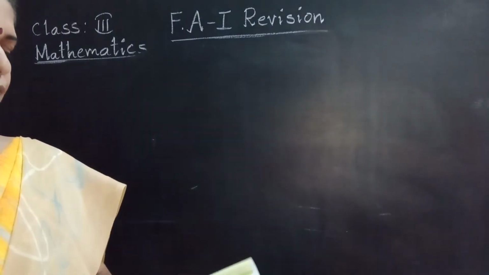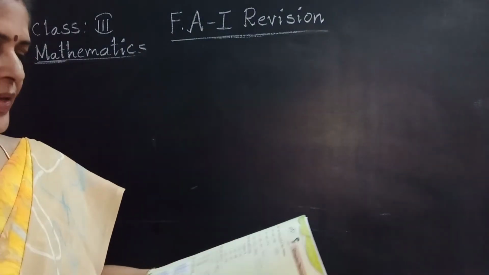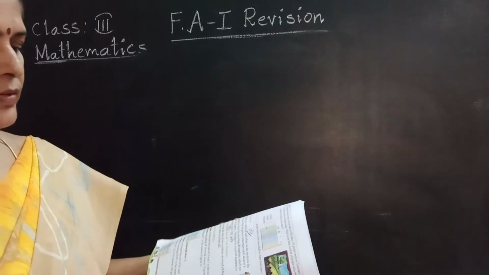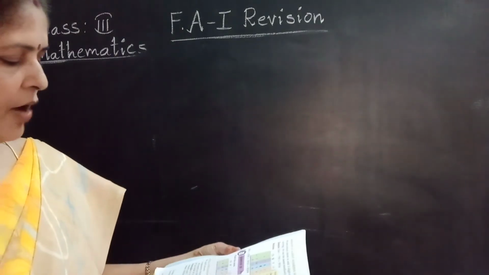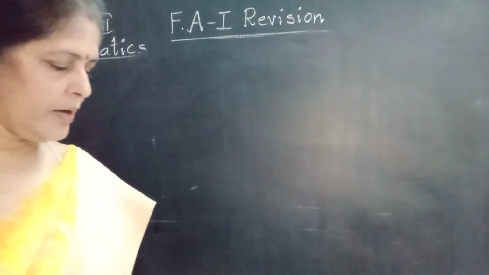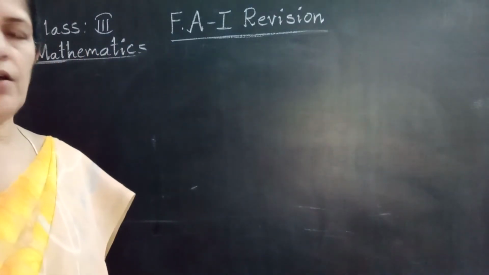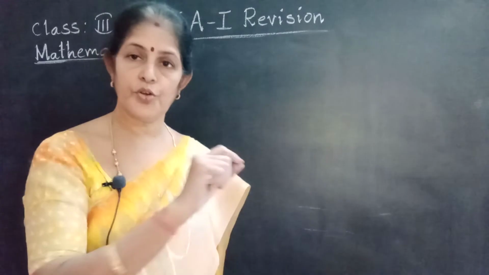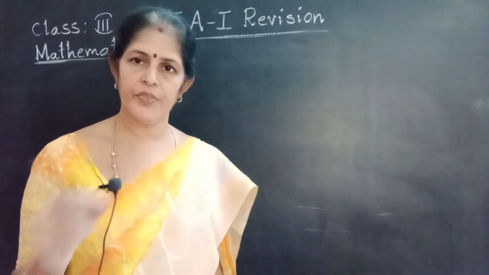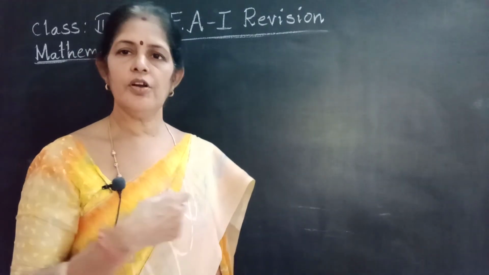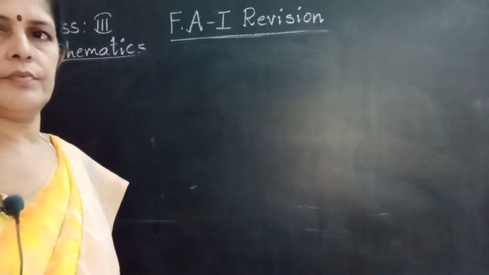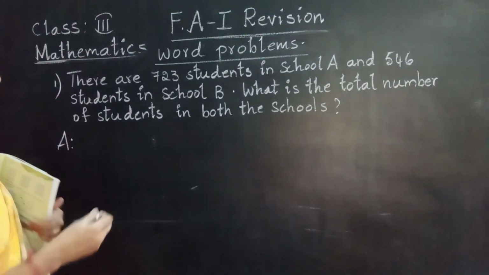Exercise 2F and chapter revision, page number 45. Now I wrote 2 word problems on the board. You see how to write the answers, how to frame the words. Observe, children.